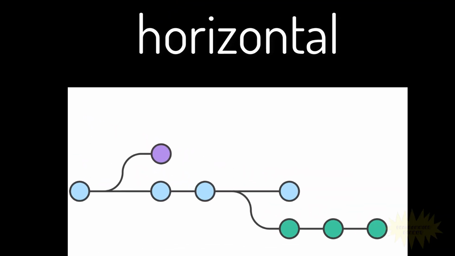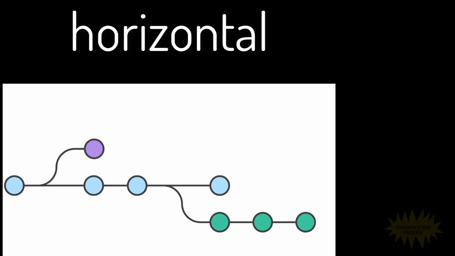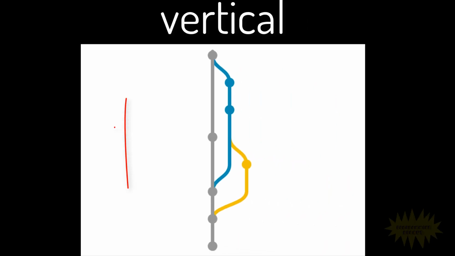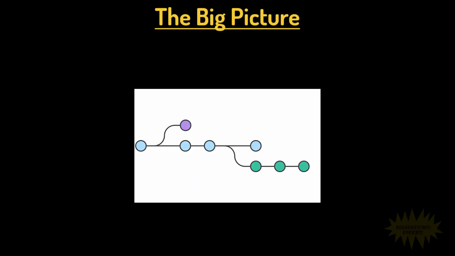In a horizontal graph, the oldest commits are on the left, while the newest commits are on the right. In a vertical graph, the oldest commits are at the bottom, while the newest commits are at the top. In this example, we will be using a horizontal type graph.